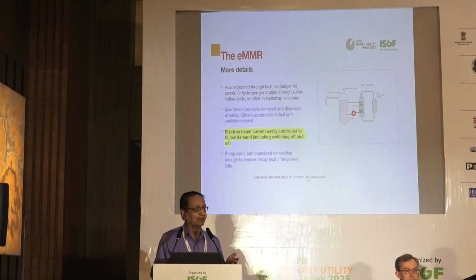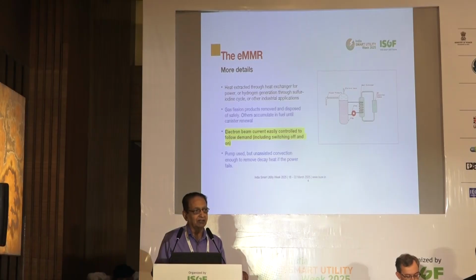This concept of heat removal from the molten salt, etc., I will not touch upon. I'll only talk that an electron beam can produce neutrons, and the number of neutrons can be controlled by the amount of electron current we introduce in the reactor.